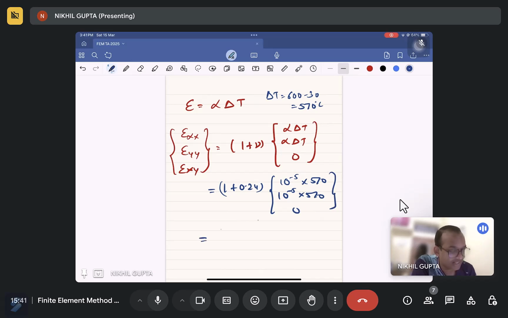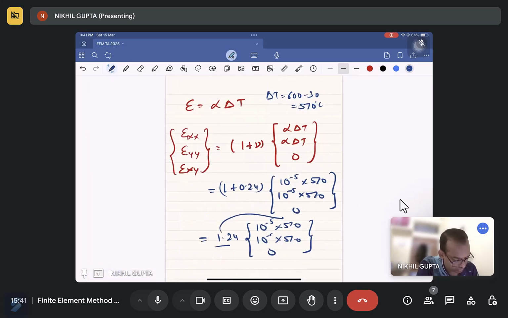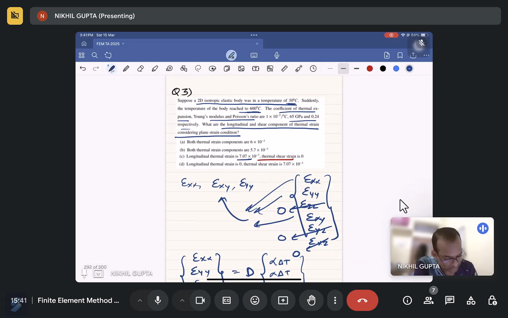You'll get the answer as 1.24 into 10 power minus 5 into 570, 10 power minus 5 into 570, and 0. Let's check what answer is given. When you multiply this constant, you will get 7.07, and the answer is C. So you have a longitudinal thermal strain of this, but the thermal shear strain is 0.